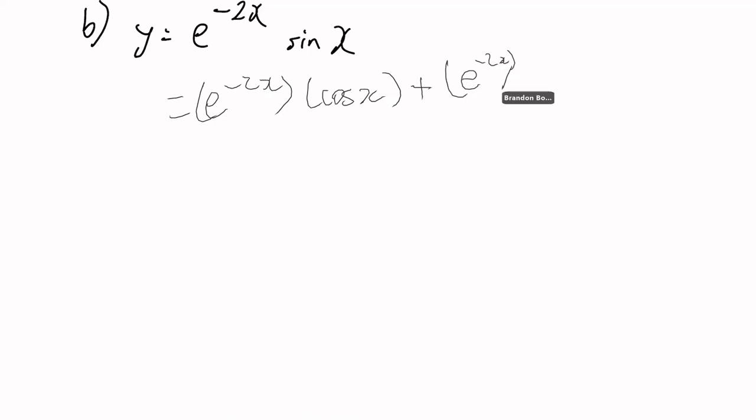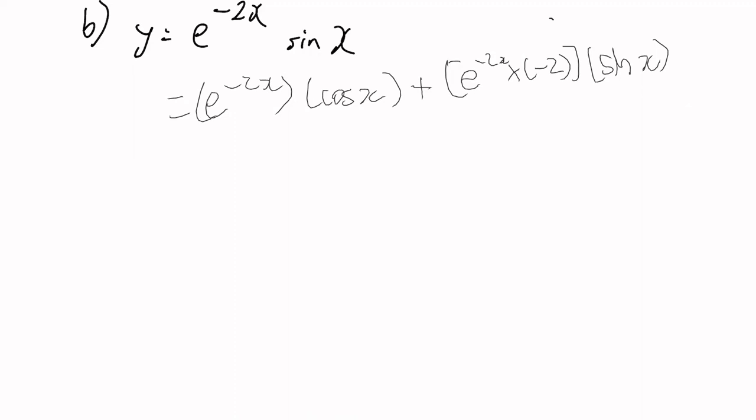Then we get this to the times sine x. Perfect. That's it. Yeah, that's all.